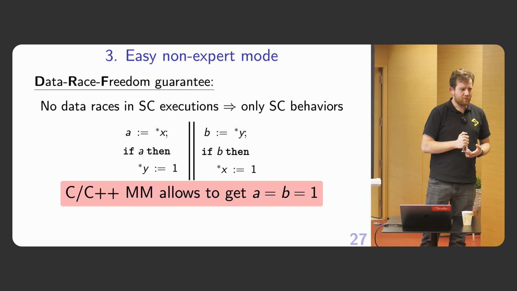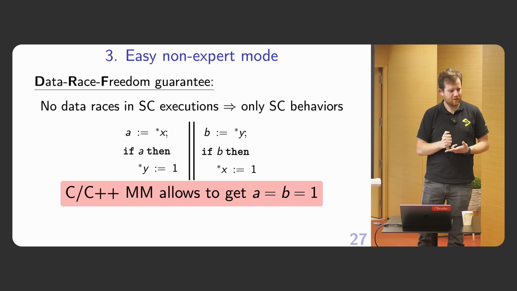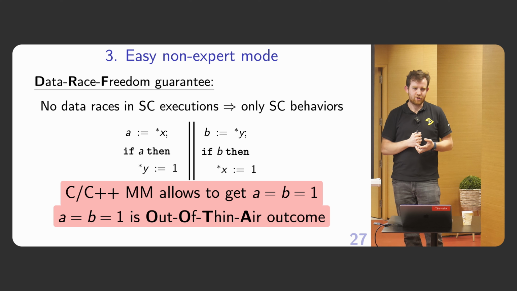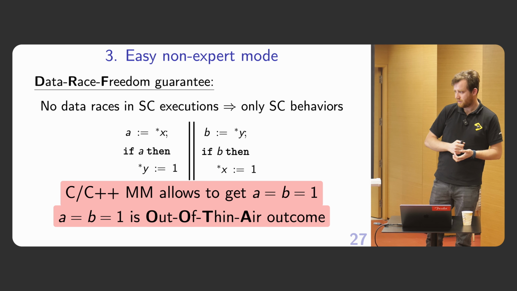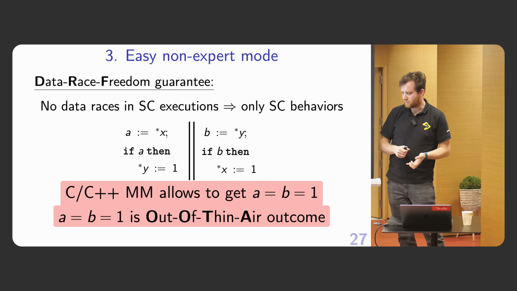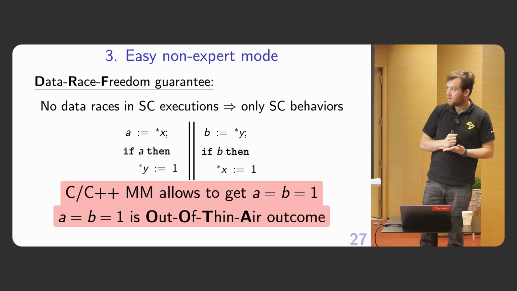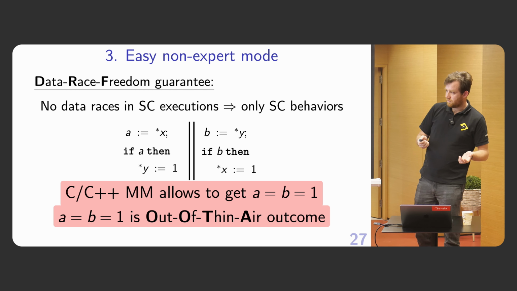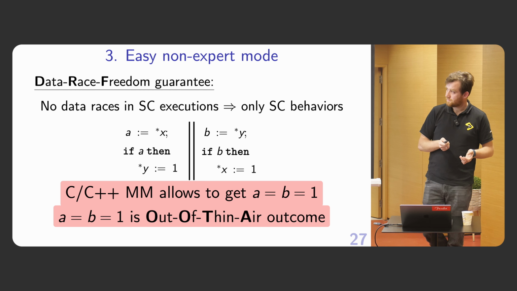Any other question at this point? Okay, good. Such an outcome has a special name. It's called out of thin air, or OOTA, and it's considered harmful for a specification to allow such things.